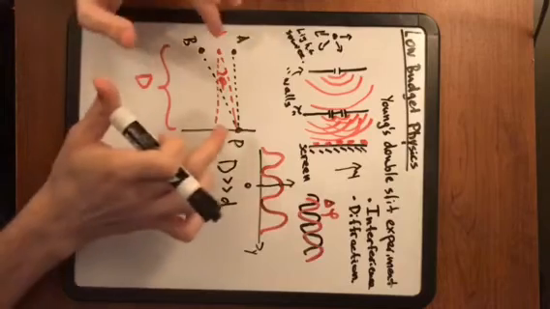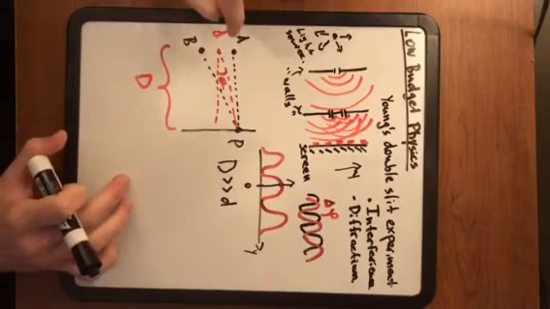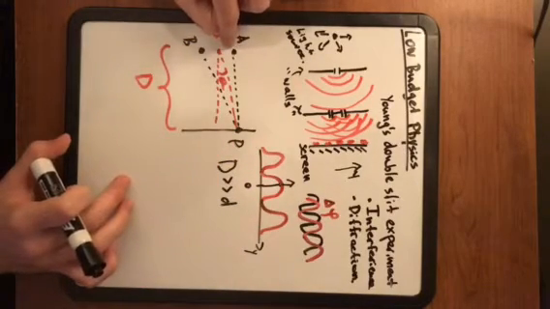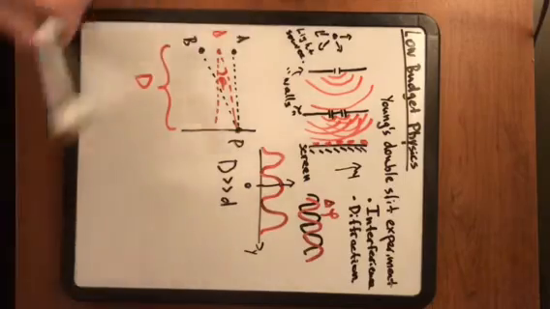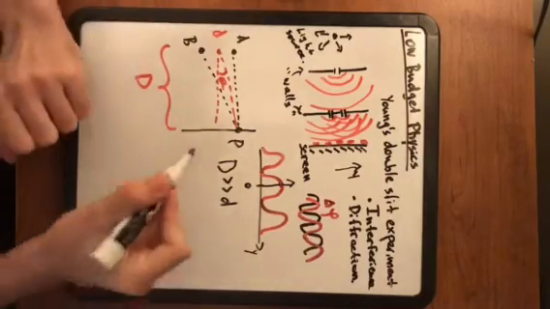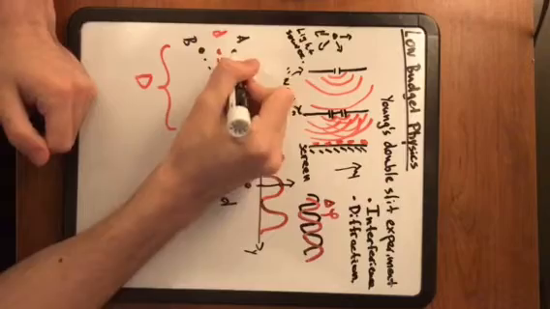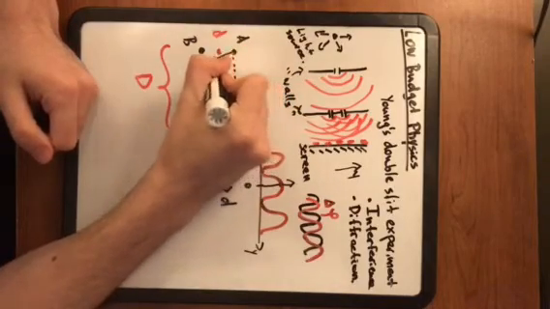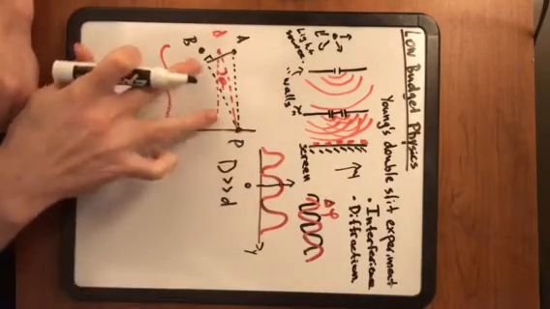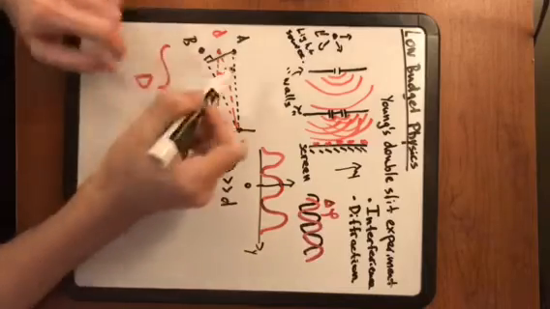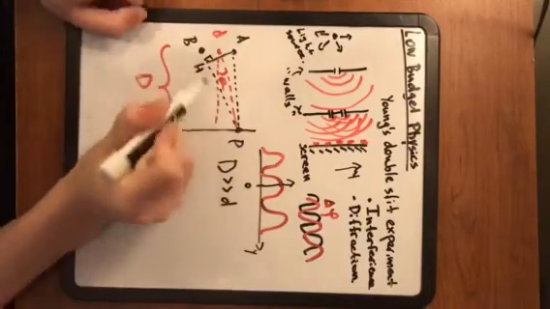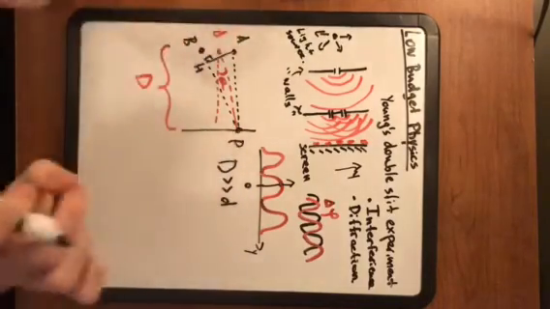So how do we find the difference in path of light that is coming from A and the light that is coming from B? Well, we need to draw a perpendicular. And then we can see that this distance, let me call this H, from HP to AP is approximately the same.